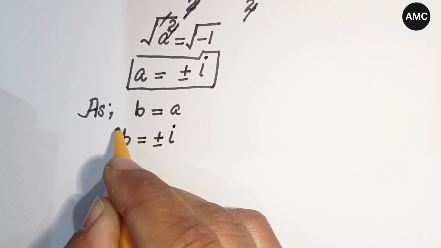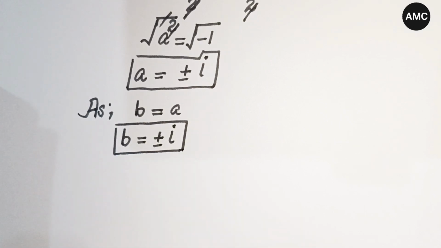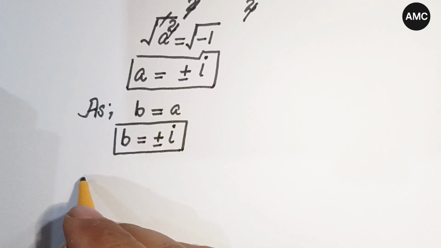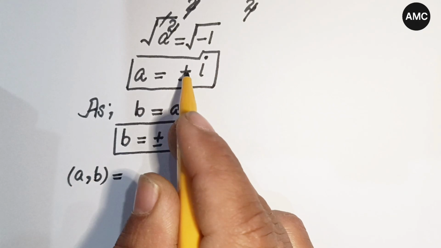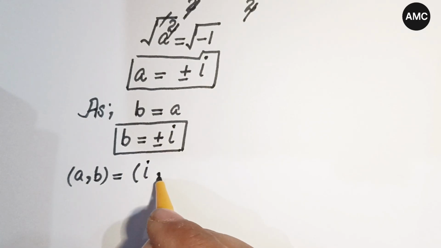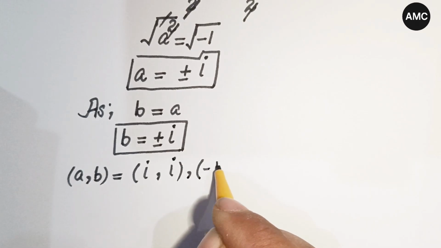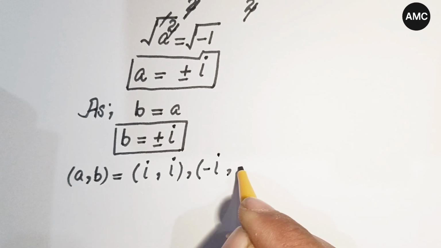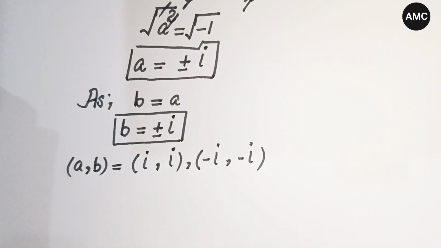So here we get pairs of values: if a is equal to plus i, then b is also equal to plus i. Similarly, if a is equal to minus i, then b is also equal to minus i. Here we get two pairs of values.